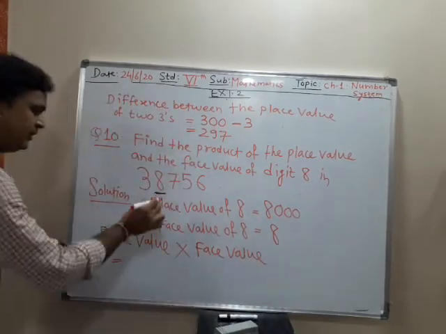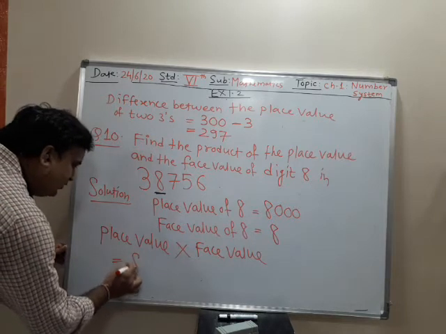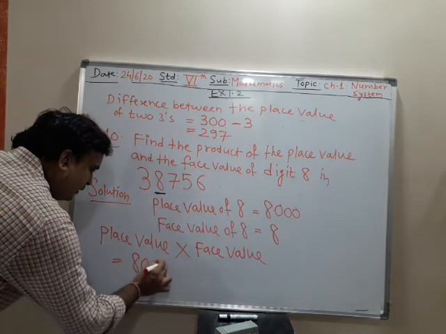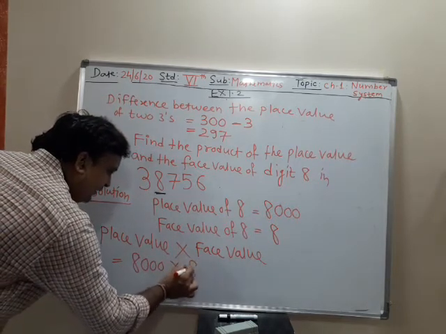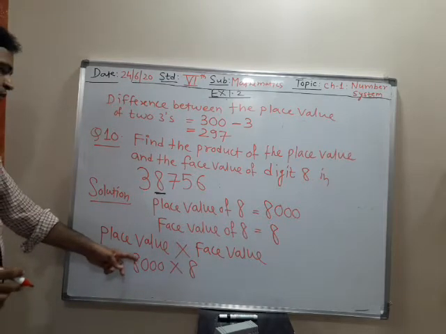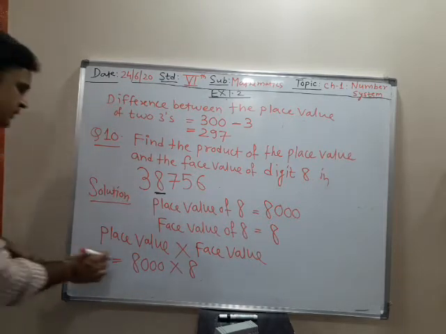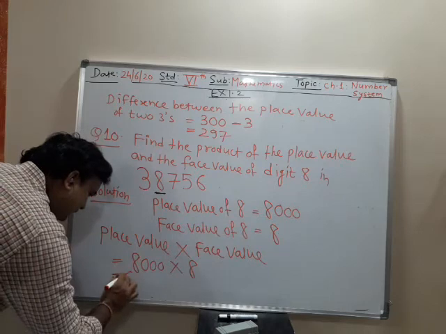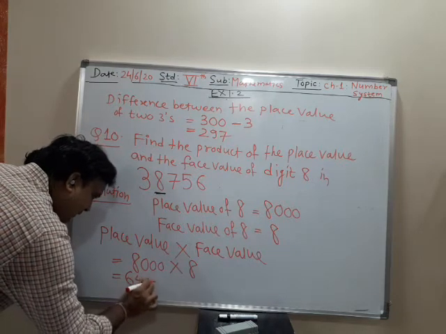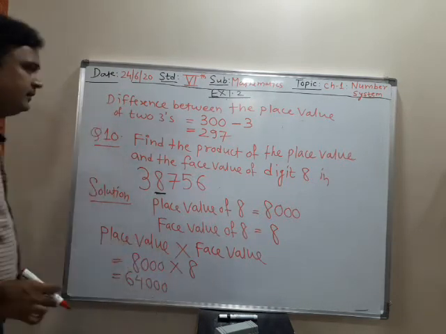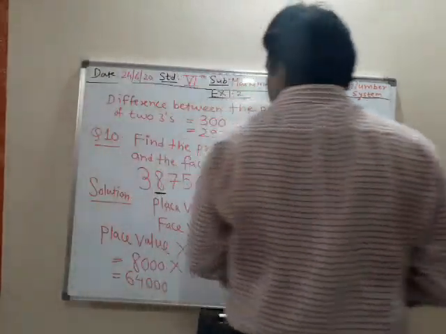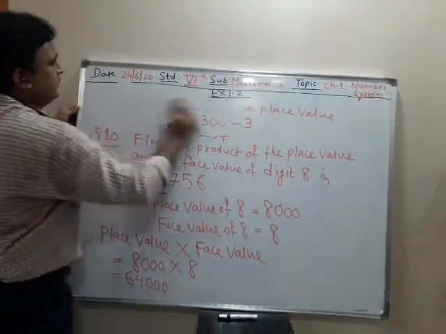So what is the place value? That is 8000, into face value, which is 8. 8000 into 8, that is 64,000. You can multiply 8,000 into 8, that is 64,000.